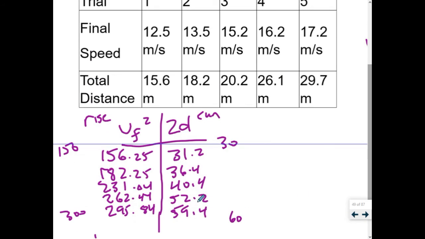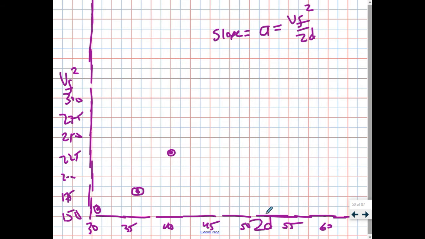Then I have a data point that's 2 and 260. 52, 260. Hang on. Okay, 50, that'll be 52 and a half. 52 would be there. What did I say, 262? I think it's there.